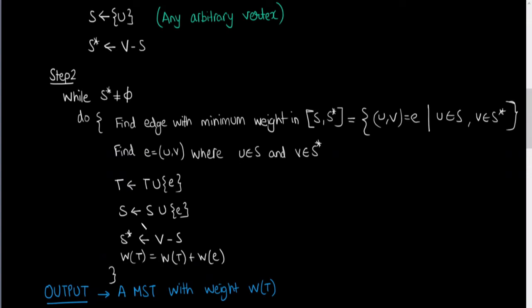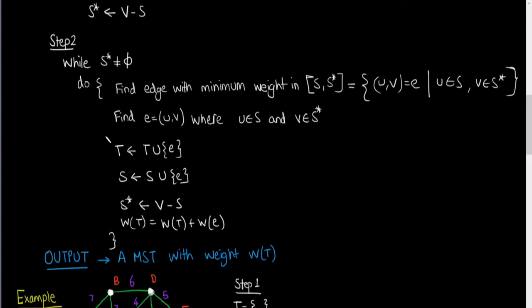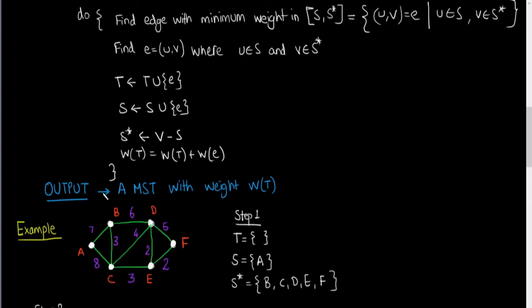That's the do part. We do all these steps until S star becomes the null set. After you do all this, the output is a minimum spanning tree with weight W of T. Let's illustrate Prim's algorithm with an example.